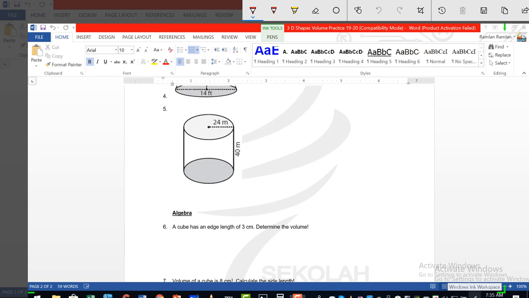Number 5, this is what we call the cylinder. So actually it's the same thing as a prism. So the volume is just base area times the height. Okay, so the base is a circle with a radius of 24. So it's pi r squared times h, which equals pi times 24 squared times 40.